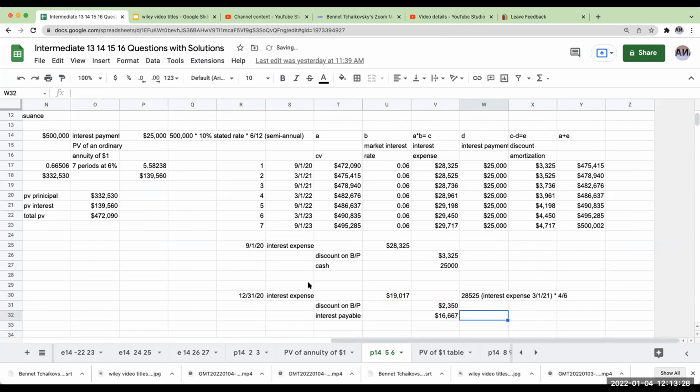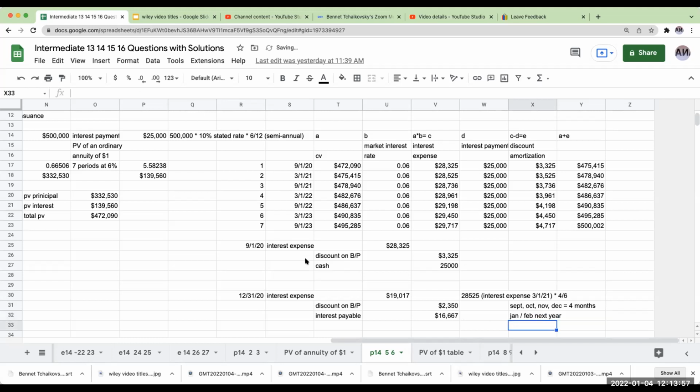Because we're paying interest at irregular intervals, so I have to make the accrual. And if I take 25,000 times 4/6, why am I using 4/6? Because it's September, October, November, December, 4 months. And then I've got January, February in the next year.